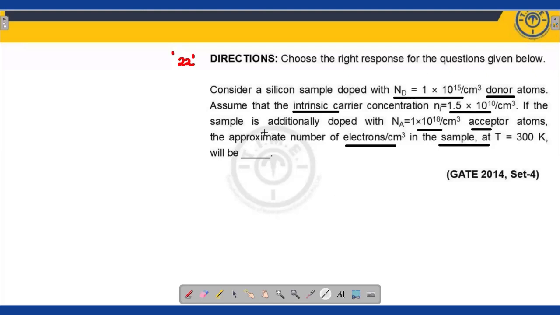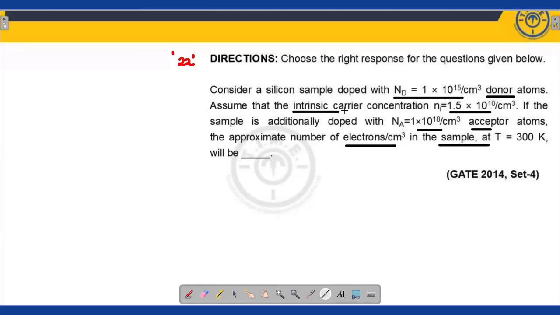So this is the question. He is asking the number of electrons. We have taken a silicon sample and it is doped with Nd, which means it forms an N-type semiconductor.